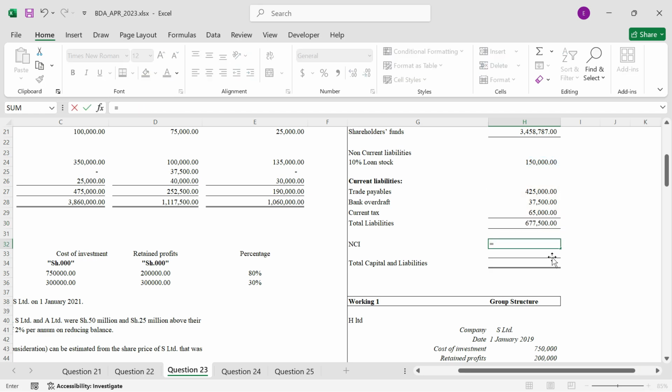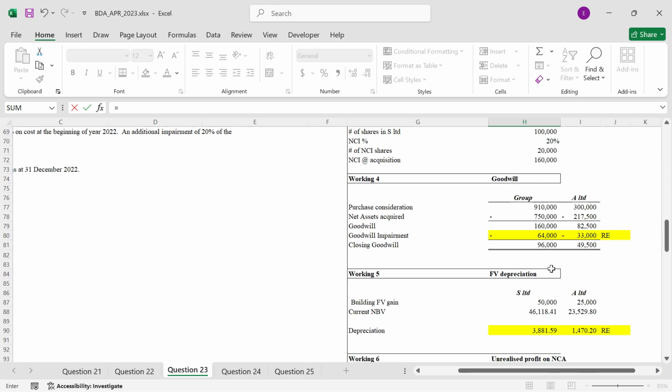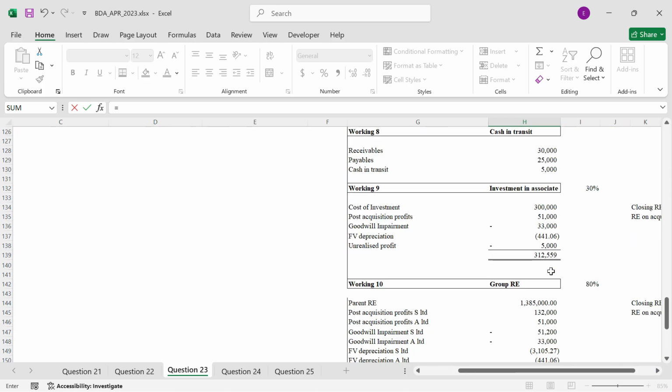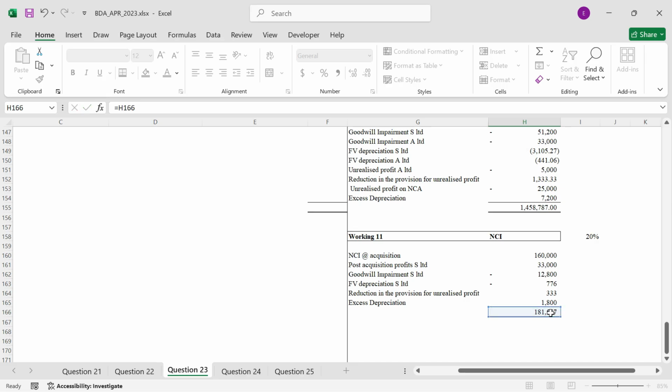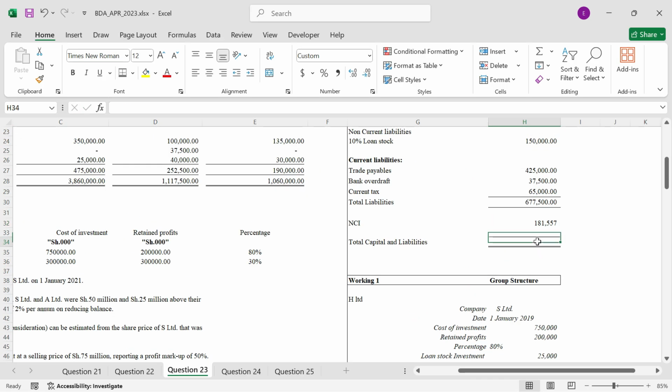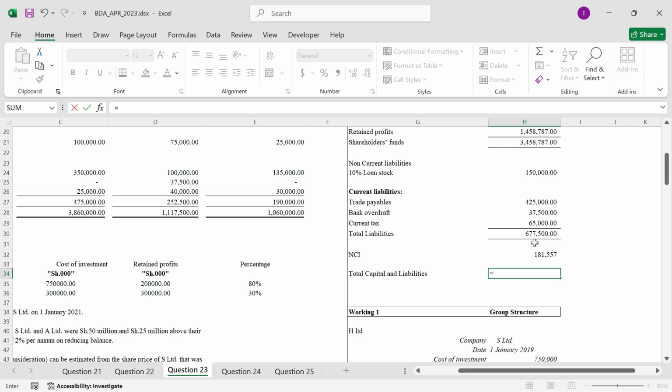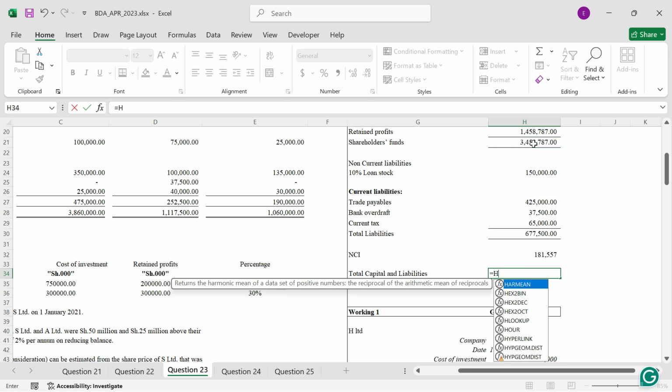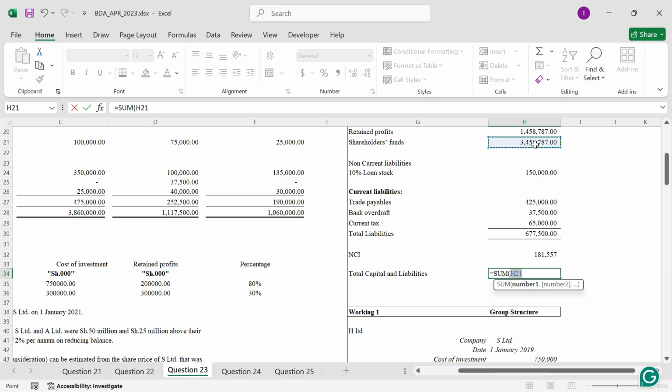NCI, I also already have a closing value of 181.57. And so now I can find my total capital and liabilities as the sum of this 34.58 and the sum of my total liabilities, and you can see.